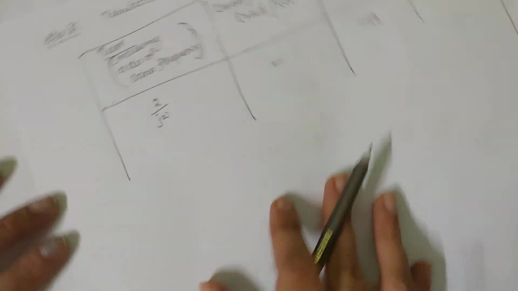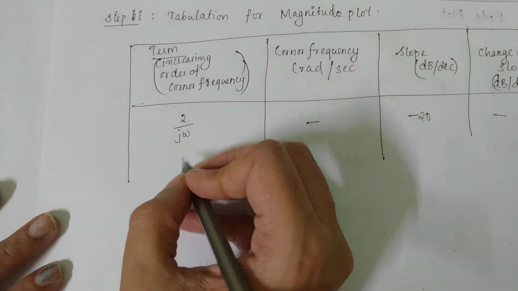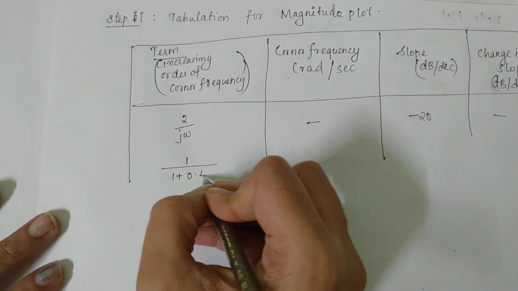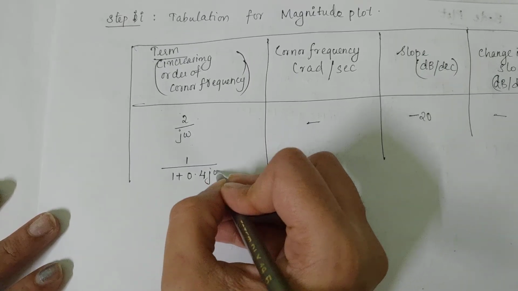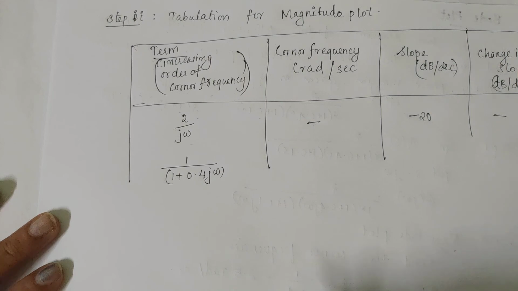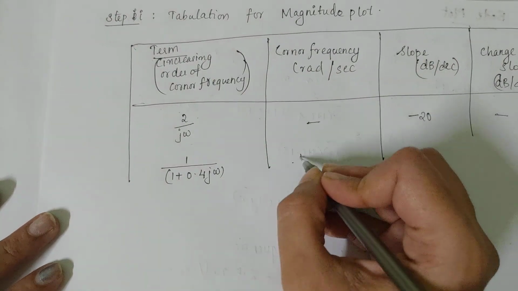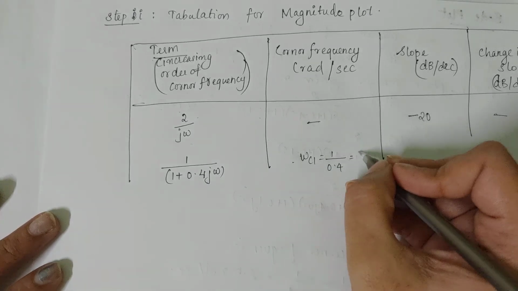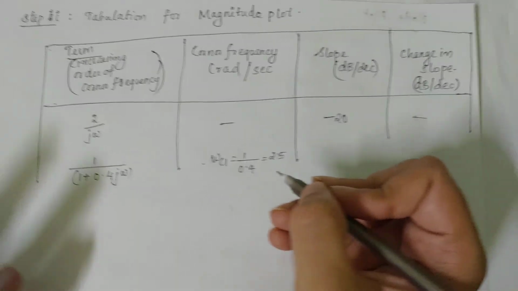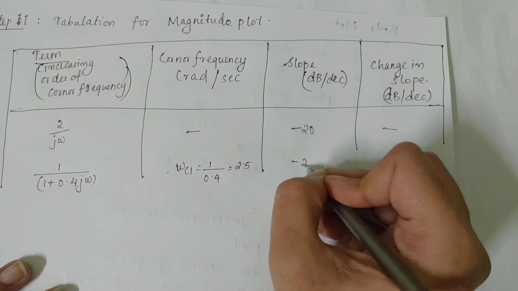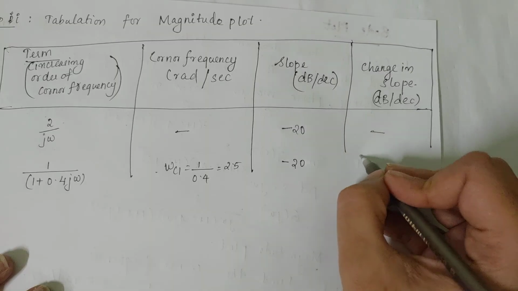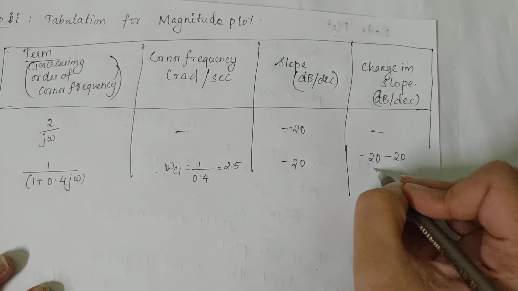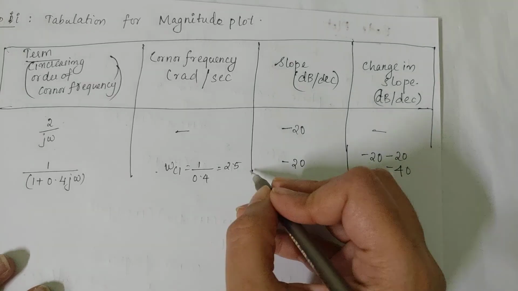So the first term is 1 by 1 plus 0.4 j omega. That is my second term and my corner frequency omega c1 is equal to 1 by 0.4, which is equal to 2.5, and my slope is minus 20, and my change in slope is minus 20 minus 20, which is equal to minus 40.